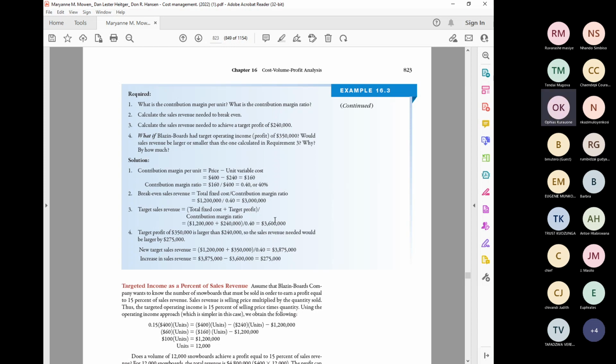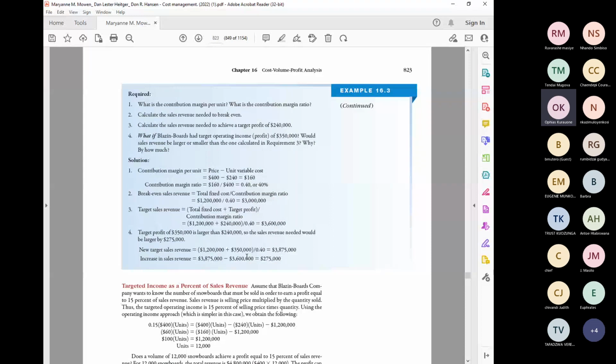Then you go on to target profit of 350,000. This is another question: 350,000 is larger than 240,000, which is given here. So the sales revenue needed would be larger by 275,000.